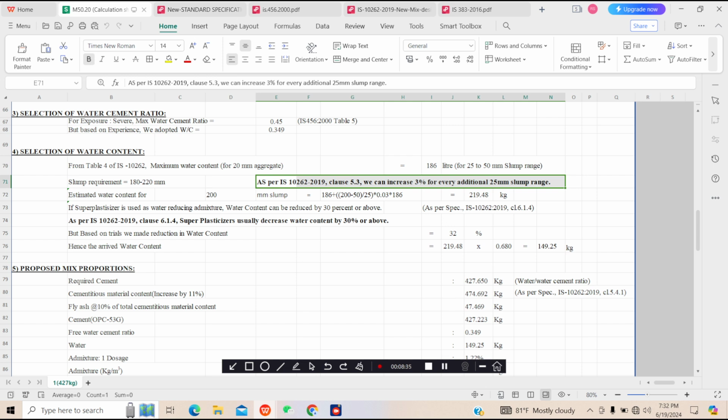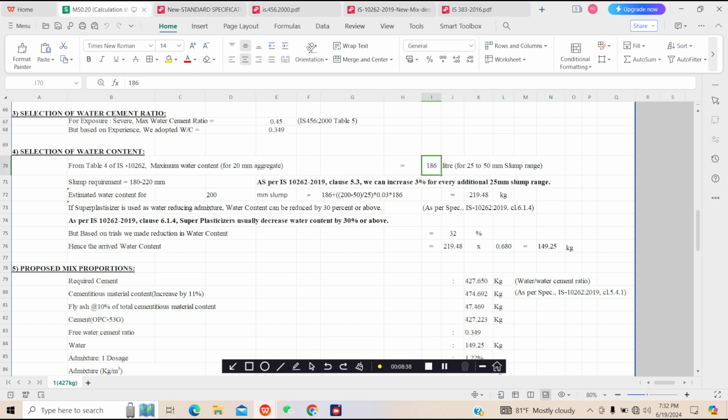So for the 50 slump, the water was 186 liter, but for the 200 slump, we have calculated here 186 plus (200 minus 50) divided by 25 into 0.03, this one is the 3% into 186. Here the slump value is 200, so the water content will obviously be more, so we have calculated and added here, and what we have achieved is 219.48 kg.